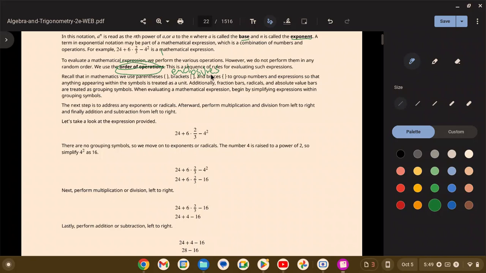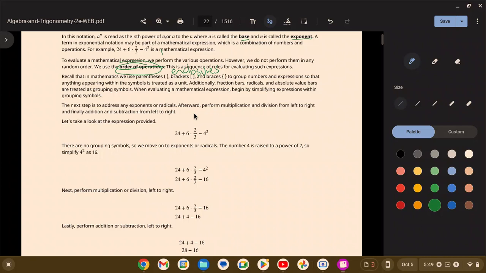And remember, even the whole left to right argument is arbitrary, because especially in the way that we do the math, doing it one way is the same as doing it the other way. So let's take a look at the expression provided: 24 plus 6 times 2 over 3 minus 4 squared.